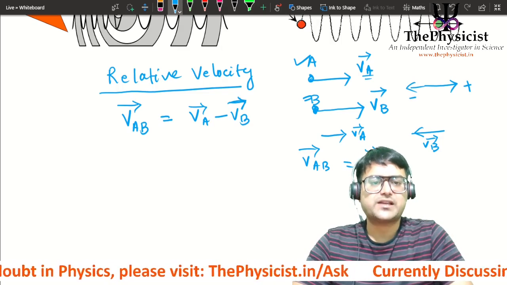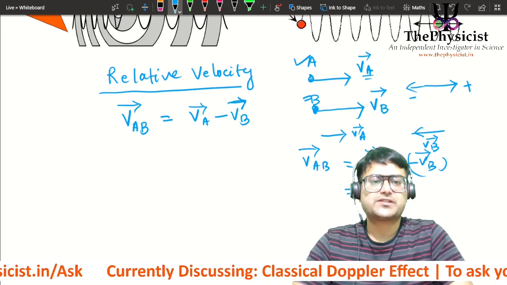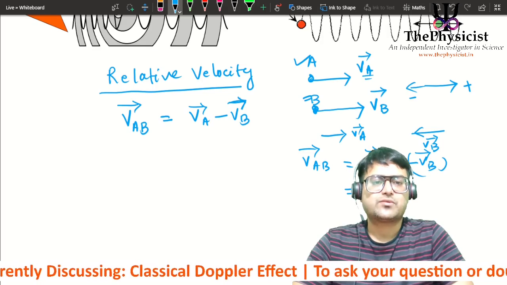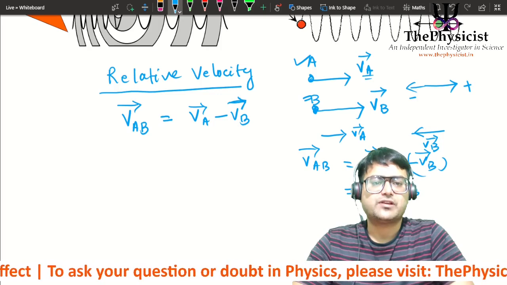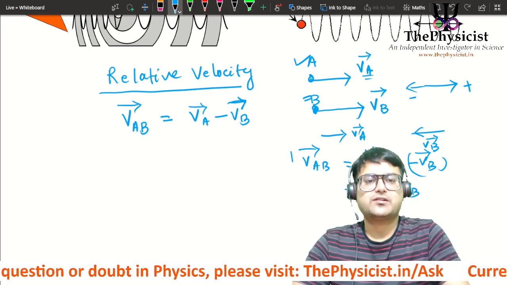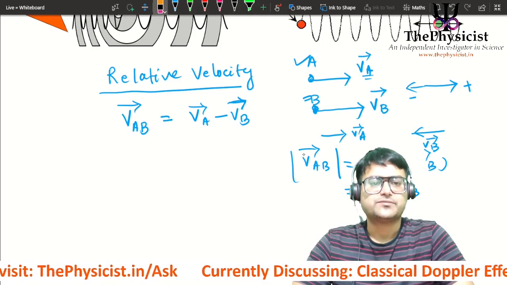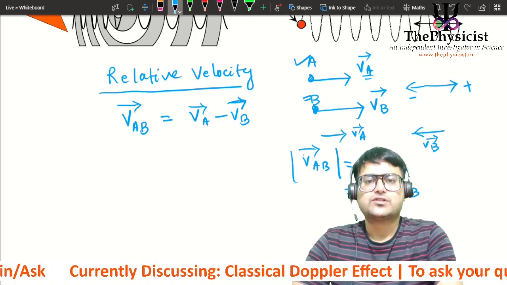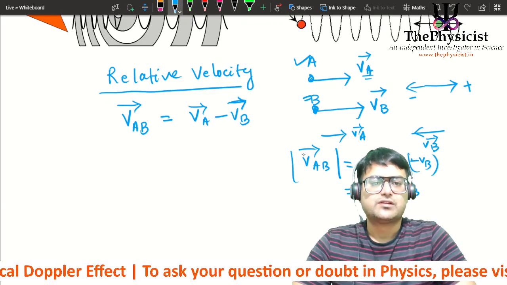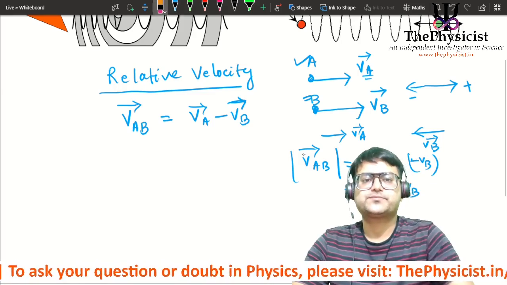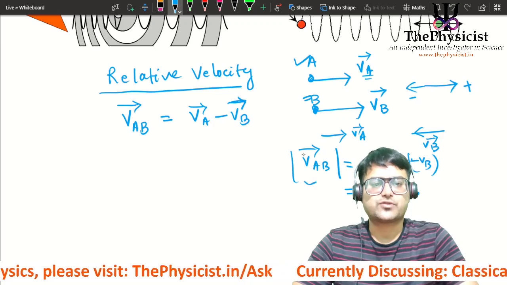It's going to be vA minus of minus vB, which is vA plus vB. I simply have to add both the magnitudes. I'm dealing with magnitudes only.